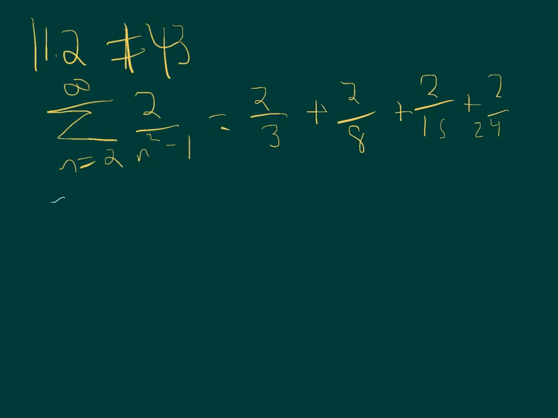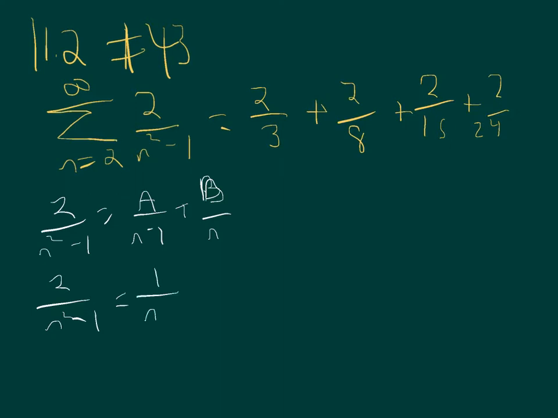However, if you do a little partial fractions with this, 2 over n squared minus 1 equals a over n minus 1 plus b over n, and you solve for a and b by clearing fractions, you'll find that 2 over n squared minus 1 is equal to 1 over n minus 1, minus 1 over n.